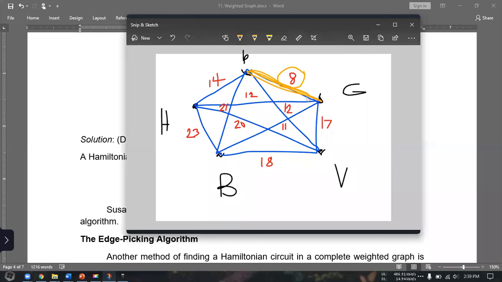Our reference are the vertex P and the vertex G. Sir, what is that letter on top?